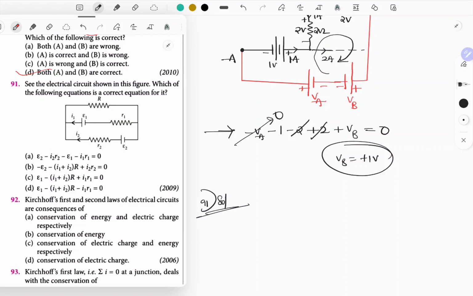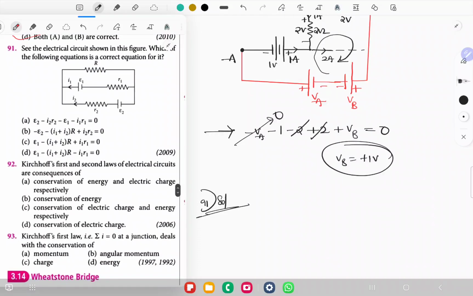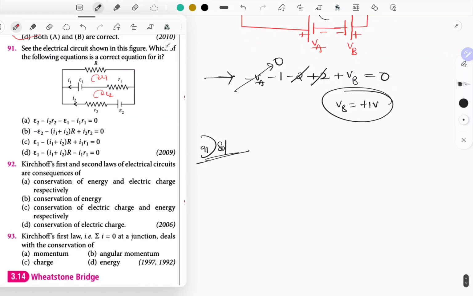They're asking which of the following equations is correct. Okay, so let's imagine this is loop 1 and this is loop 2. In loop 1 and loop 2, let's apply KVL. Let's apply KVL and cross check whether any option matches or not.